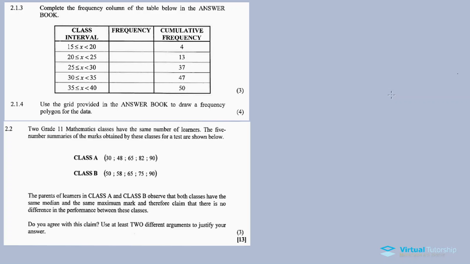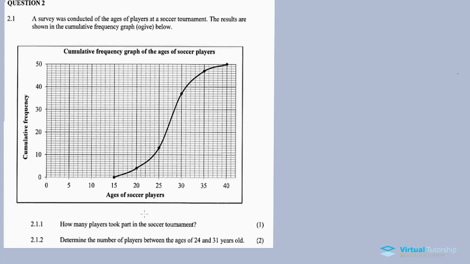So therefore our answer to 2.1.1 is 50 players. It's going to be the value we find at the top or at the apex of our graph. So it's 50 players.